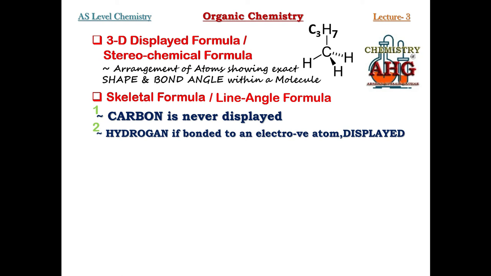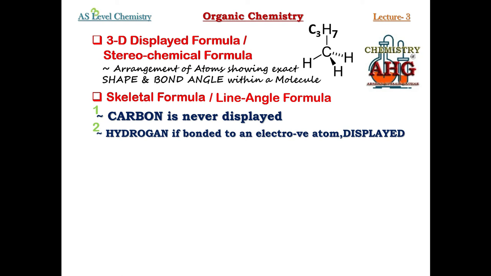So whenever hydrogen is bonded to any electronegative atom, then it is shown. If hydrogen is bonded to a carbon atom, then hydrogen is not displayed in the skeletal formula. So the two elements that are most common in organic chemistry, carbon and hydrogen, are not displayed in the skeletal formula. Hydrogen will be displayed if bonded to an electronegative atom.